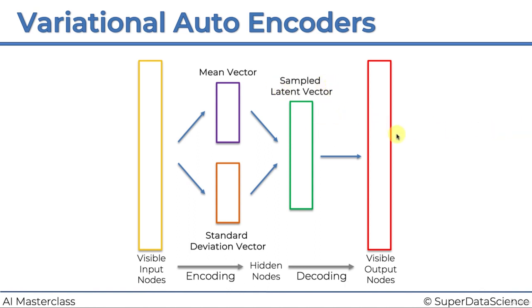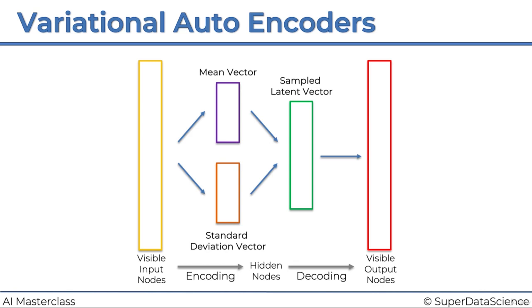As you can see, after this is all trained, we're going to be able to have a slightly varying latent vector every single time we generate it and every single time we decode, allowing us to achieve that stochasticity that we're looking for. So that's variational autoencoders in a nutshell. Very simple concept.